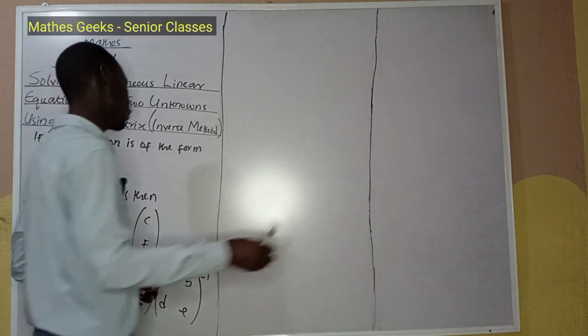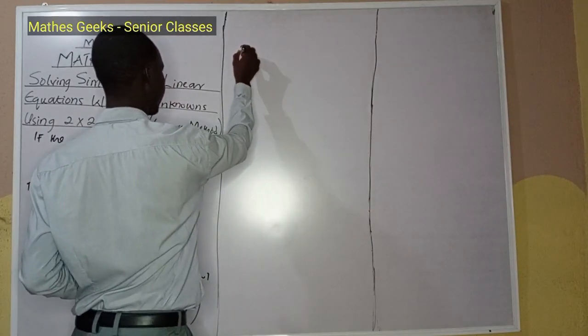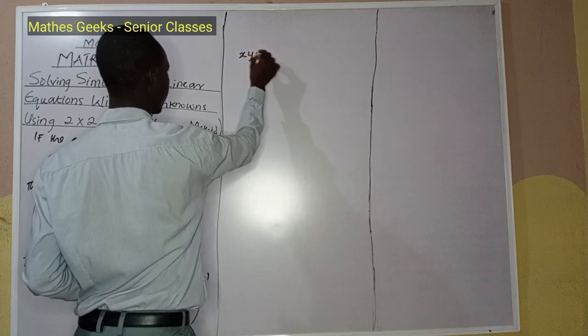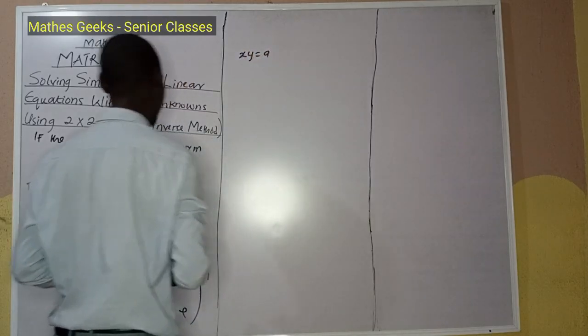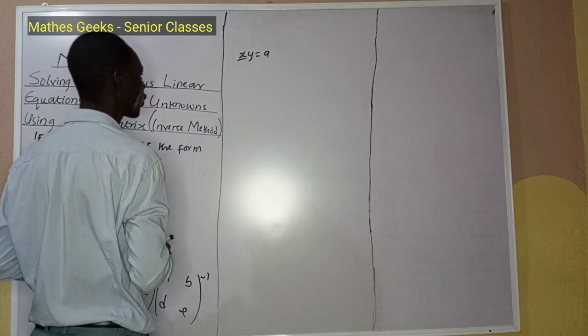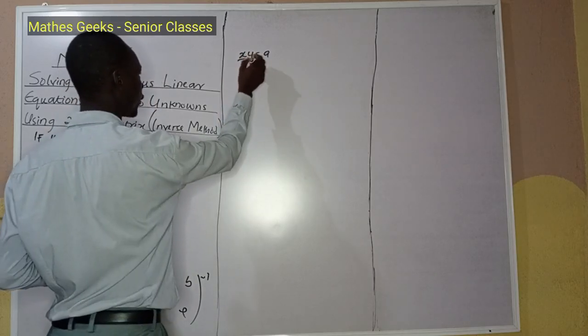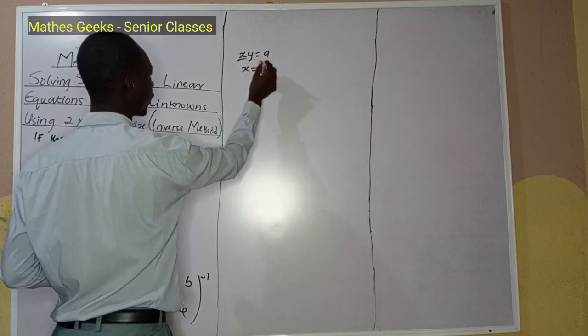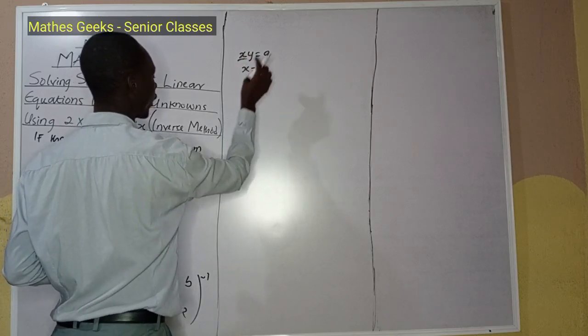How we got to this point is, remember, if we have, let's say, xy equals e, and you want to get the value of x, or make x the subject of the formula, you remember that you're going to divide both sides by y, so that x will be here and you have e over y.